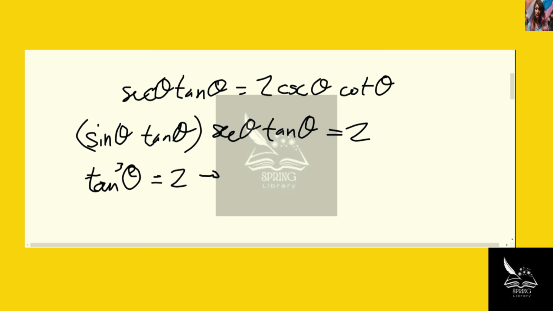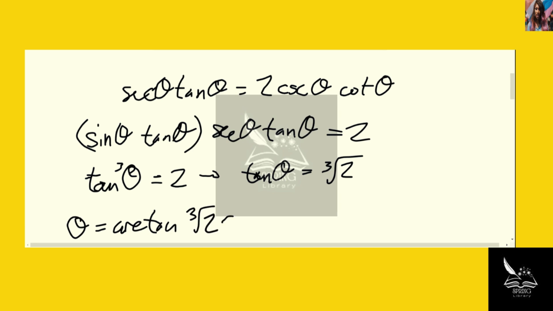Therefore, tangent theta is 2 to the 1/3. And so theta is equal to the arctangent of cube root of 2, which is approximately 0.8999. And of course, this only makes sense because it's the only one within 0 to pi over 2.